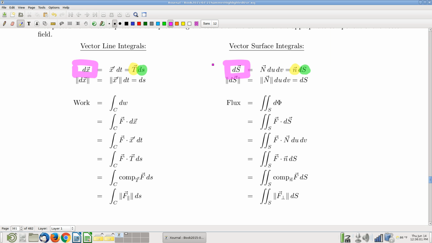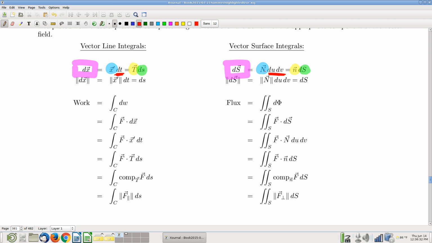Both of these are computed by way of derivatives multiplied by parameter differentials. Right, the analogy is very strong. We're doing the same thing with surface integrals that we were doing with line integrals. Didn't think that way when we wrote it down in the first place, but it's highly analogous.